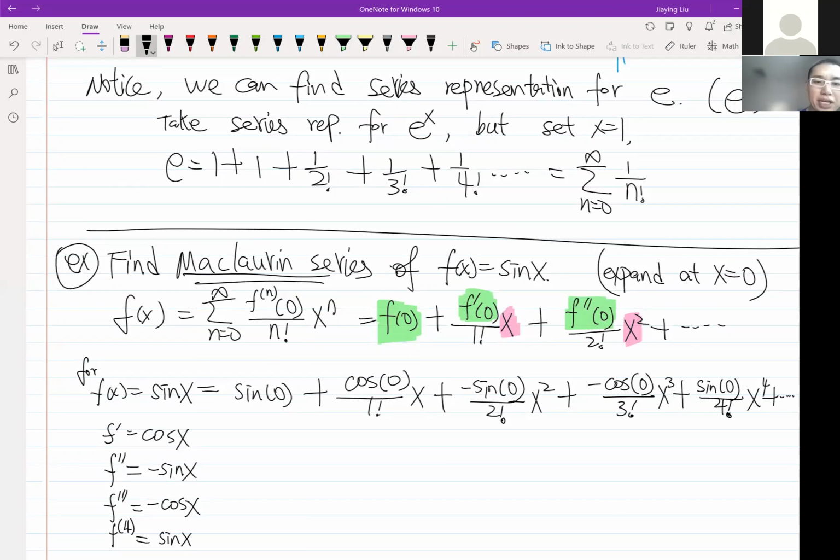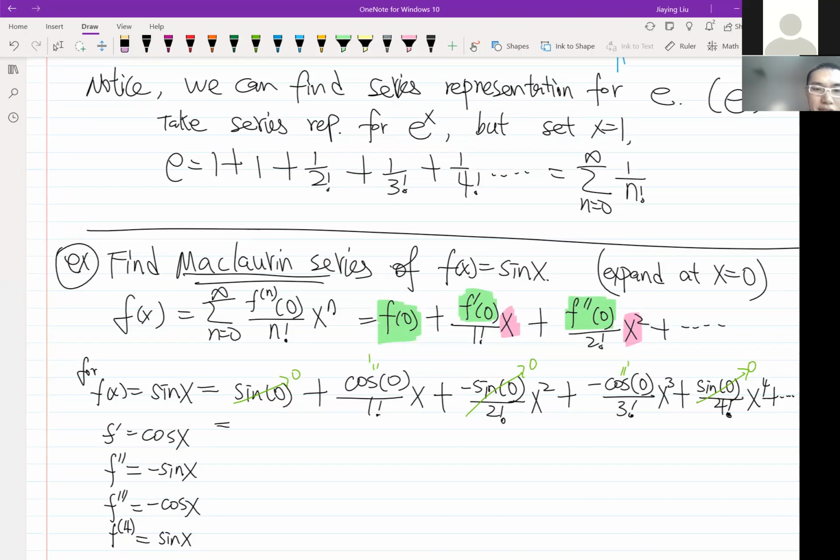And we can simplify each term there because we know what sine 0 is, right? Sine 0 is 0. So that becomes 0. This also 0. And this is also 0. And what about cosine 0? Cosine 0 is equal to 1, right? So we have 0 plus 1 over 1 factorial x.